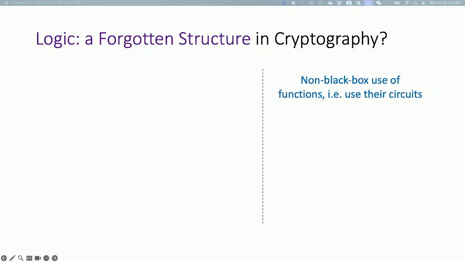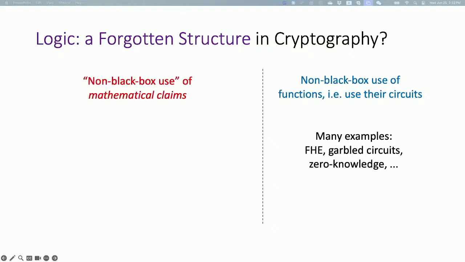In cryptography, it's very common that we make non-black-box use of functions, which means we may use the circuits of cryptographic primitives to build some other crypto. For example, we may use FHE or garbled circuits to encrypt the circuit of cryptographic primitives.